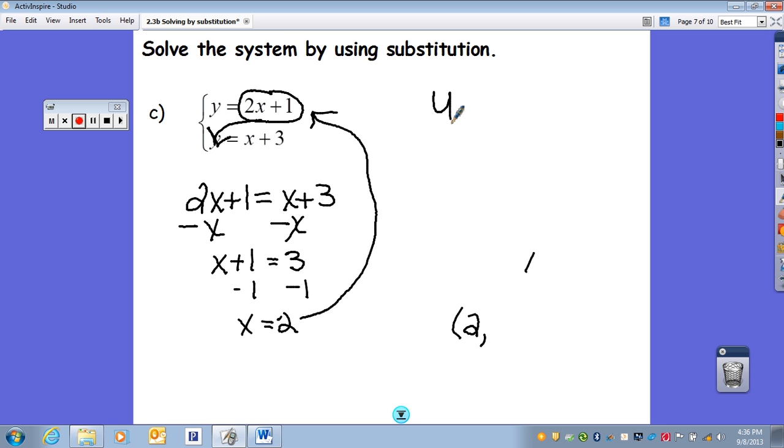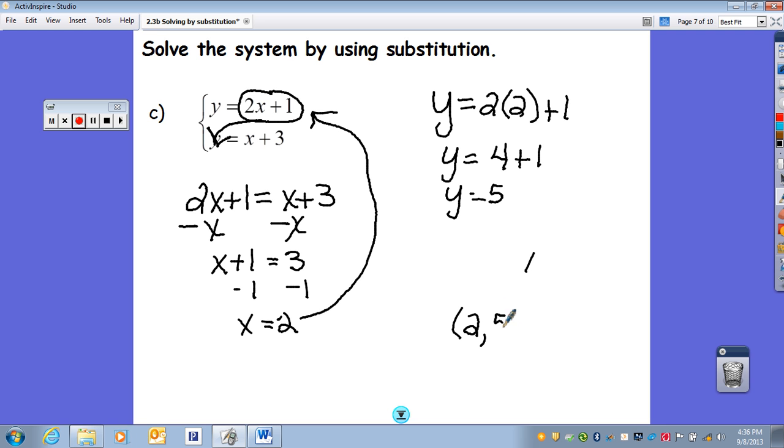So y equals, I'm going to substitute the x value into my top equation to find my y value. 2 times 2 is 4 plus 1, so y is equal to 5. And that is the other part of my ordered pair, which is the solution to my system.